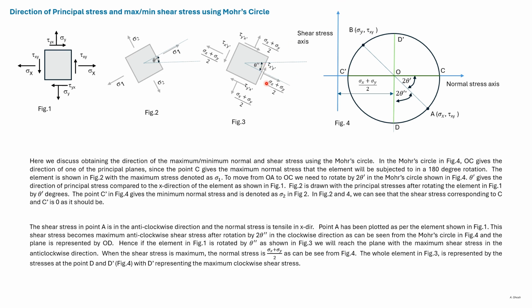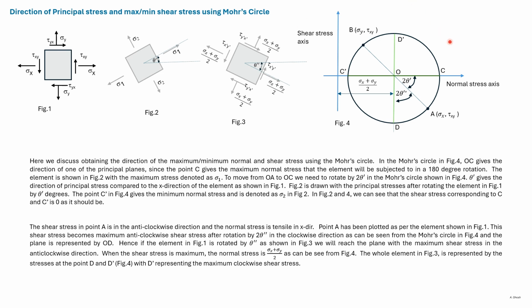The shear stress acting on this face corresponds to the shear stress of the point D. E dash has the same magnitude as D but is opposite in sign. It represents the shear stress at this face, which is clockwise.